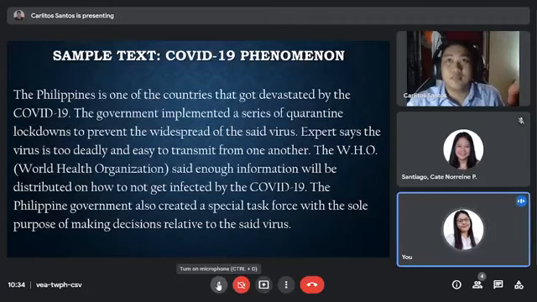Experts say the virus is too deadly and easy to transmit from one another. The WHO or World Health Organization said enough information will be distributed on how to not get infected by the COVID-19. The Philippine government also created a special task force with the sole purpose of making decisions relative to the said virus.